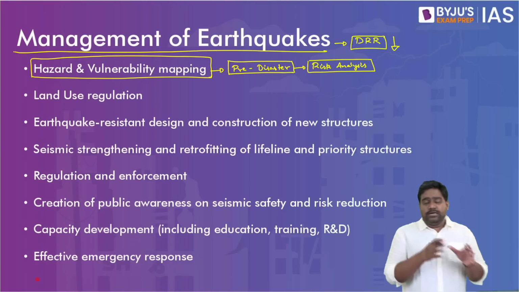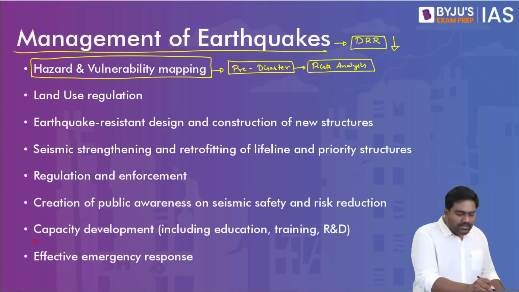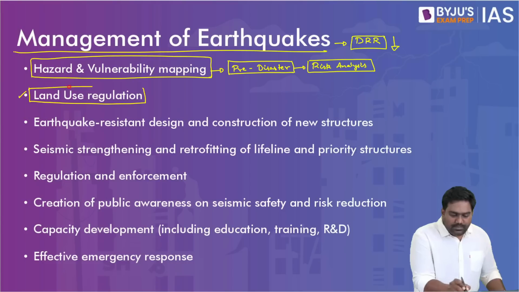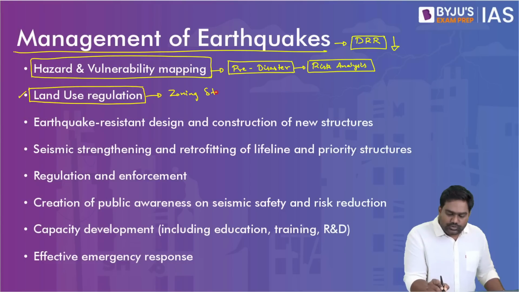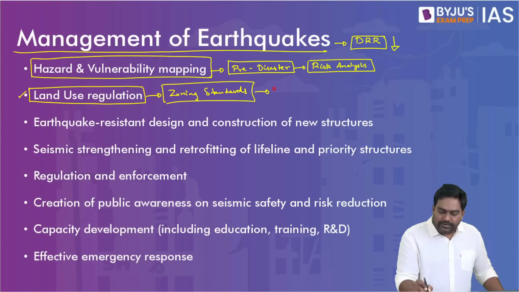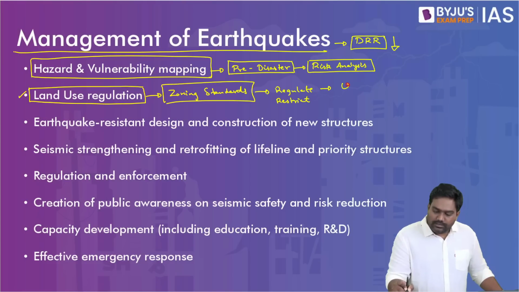Based on hazard vulnerability mapping, we can implement land use regulation through zoning standards, and we can regulate and restrict urbanization as well as industrialization.